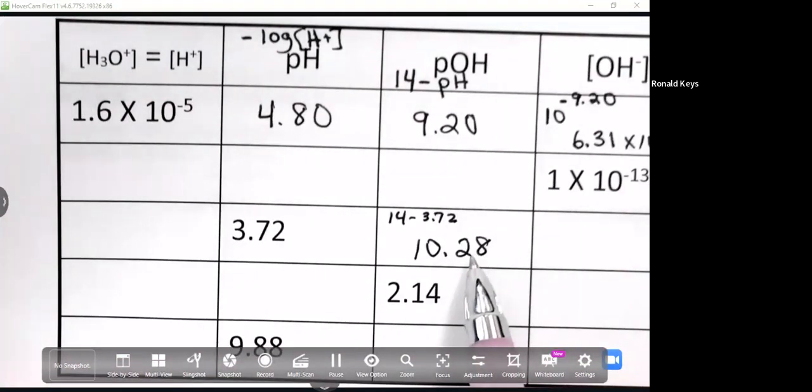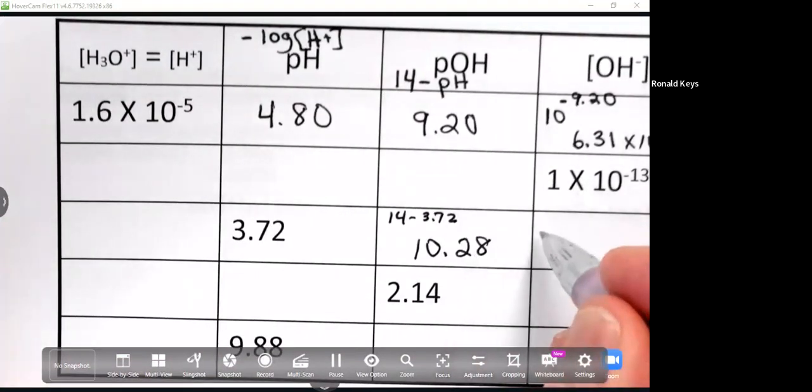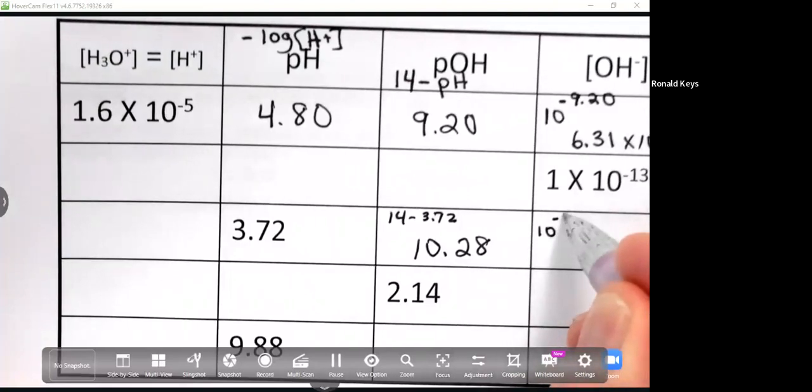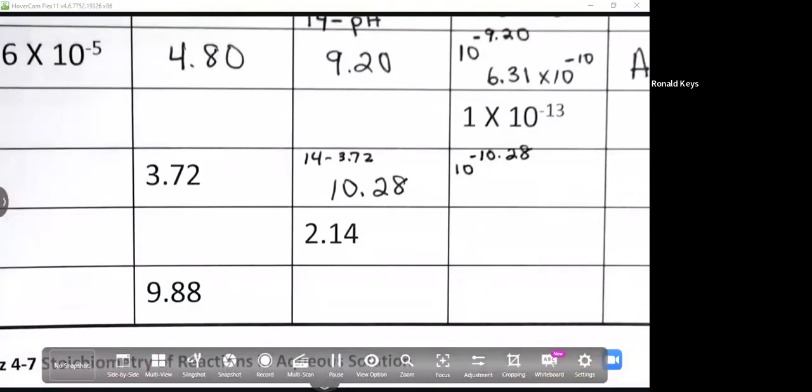And since I have 10.28, let's do 10 to the negative 10.28. Now let's talk about that on your calculator.